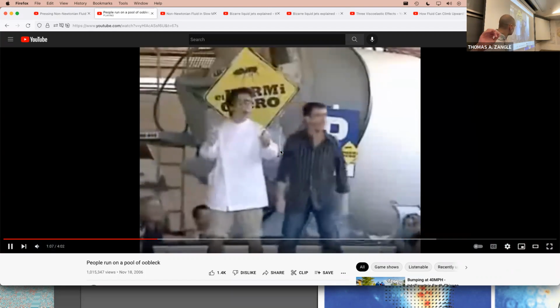So this one's kind of fun. Again, this is a pool of oobleck, and we're going to watch what happens when you try to run across it. The quality of this one is really pretty poor, but it's kind of fun.